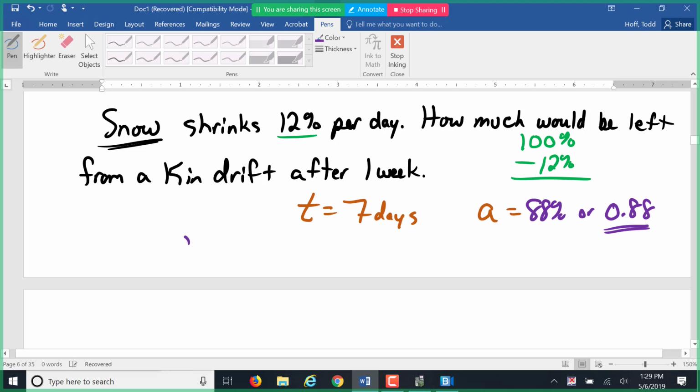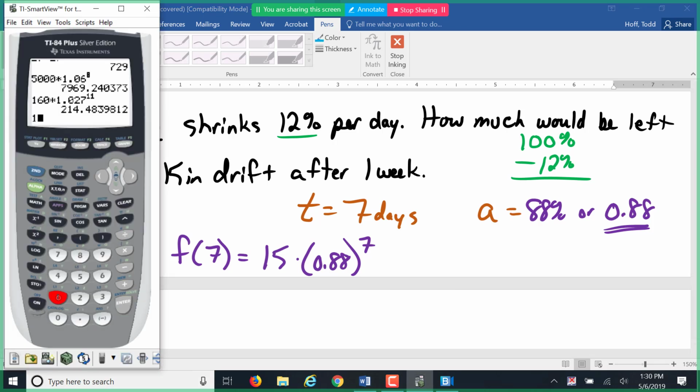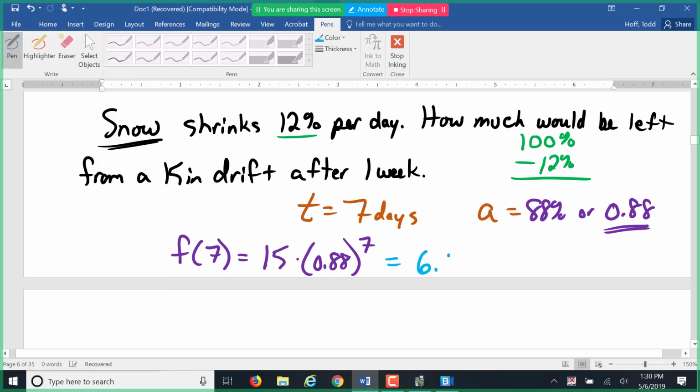So our formula here, the amount of snow left after 7 days, is the 15 times 0.88 to the power of 7. Giving us 6.13 inches would be left.